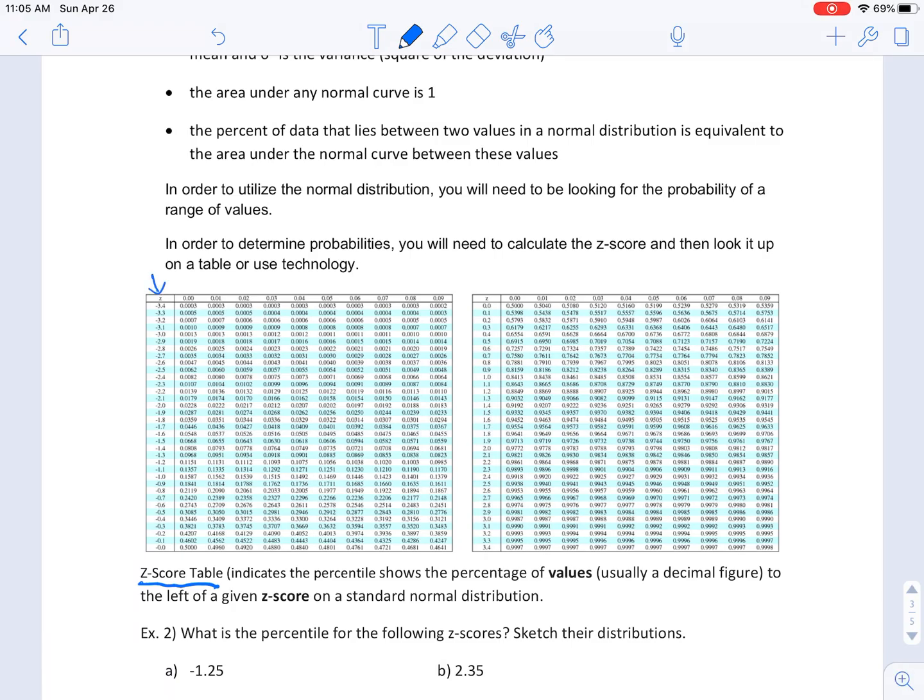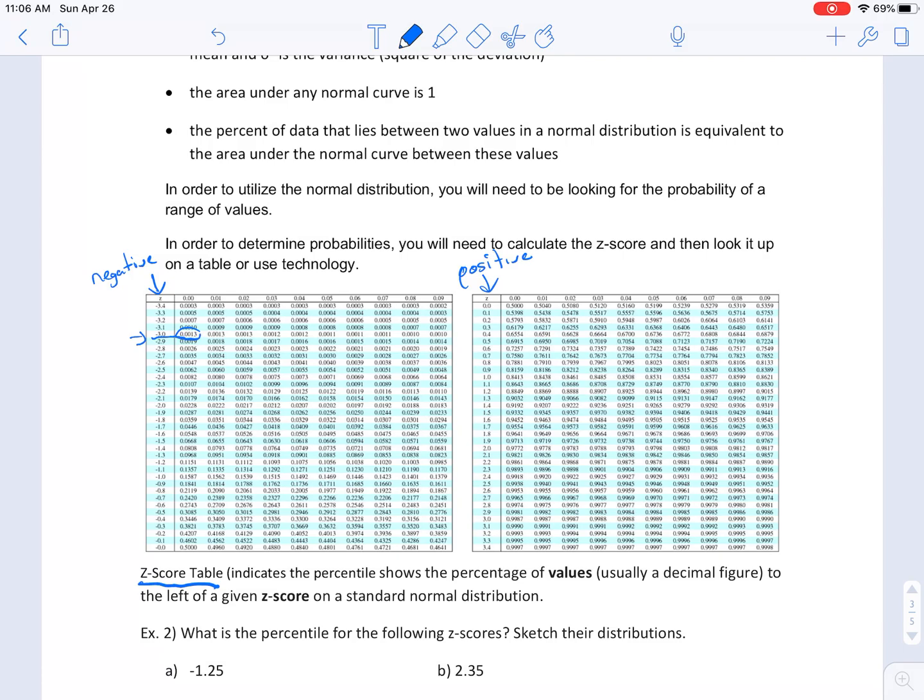You may remember from before, the numbers on the left corners, this Z and this Z, indicate the number of standard deviations above or below. This is negative if I'm below the mean, and these are positive if I'm above the mean. So this one here would indicate that I'm 3 standard deviations below the mean.